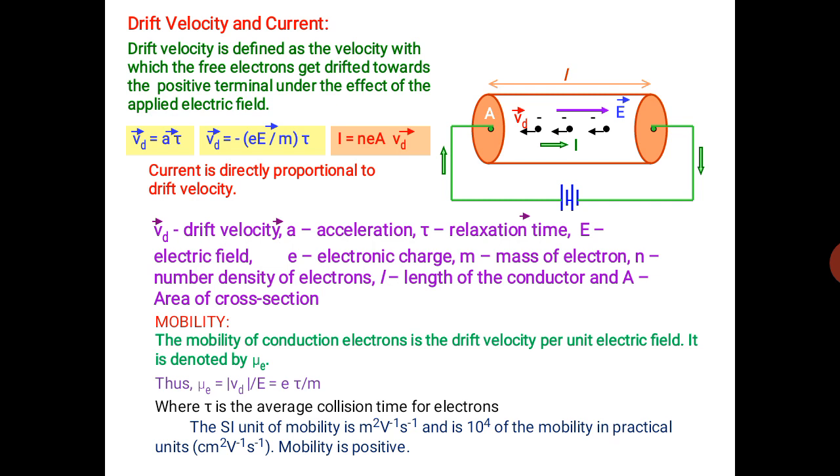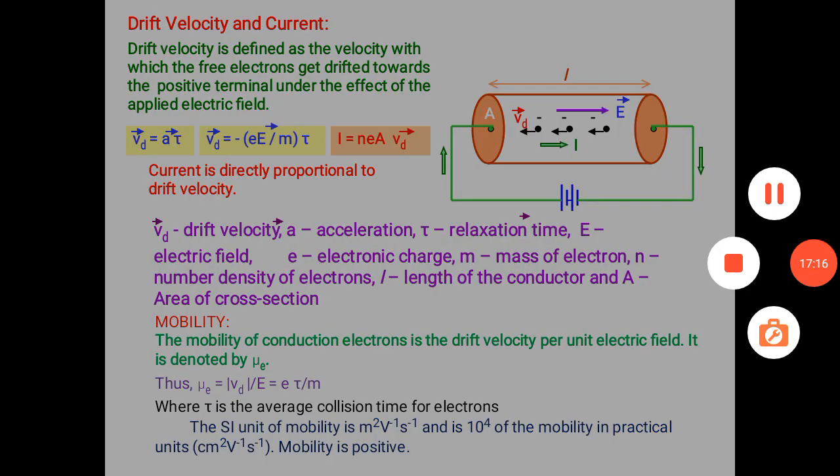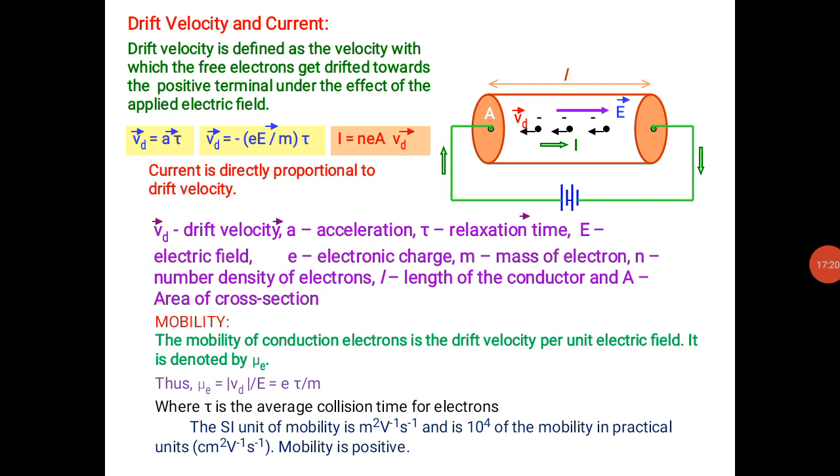So the mobility of a conduction electron is the drift velocity per unit electric field. So mu e equals Vd upon E, that is, e tau divided by m.